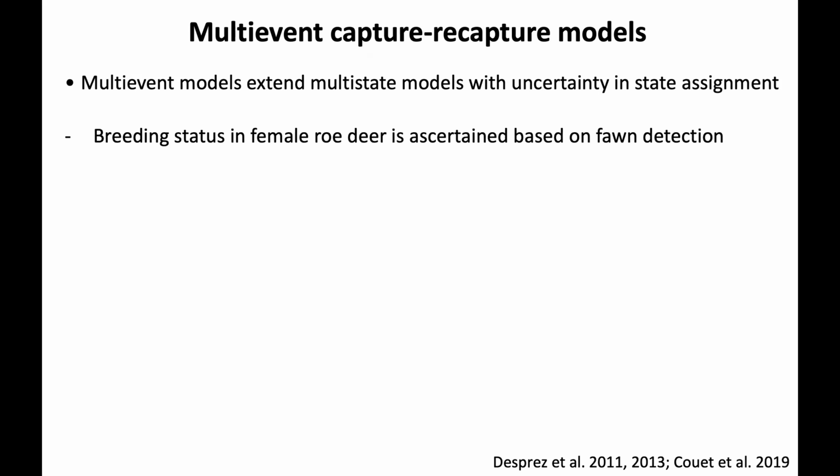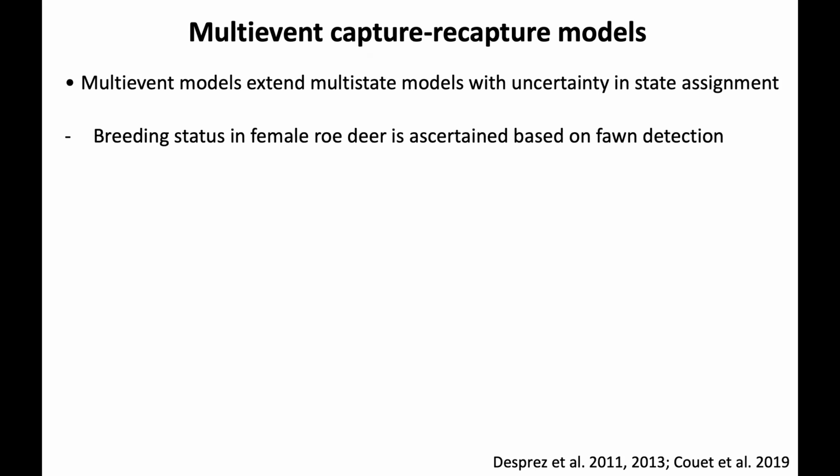Okay, examples. Let's say you monitor female roe deer in the field, and you're interested in knowing the breeding status of female roe deer. But you assess the breeding status by checking whether the female is suckling a fawn, and if you don't see the fawn, it doesn't necessarily mean that the female is non-breeding.